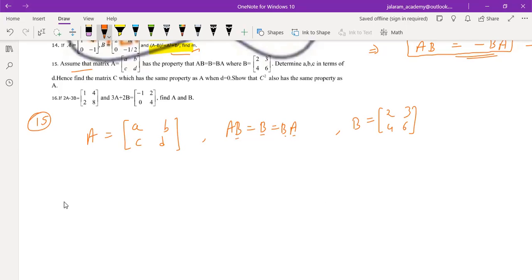Let's check it. By multiplying AB, we have to find A, B, C in terms of D only. So first we will find the product of AB, compare it with B. Find the product of BA, and compare it with B. It will help us to find the values of A, B, C, and D.